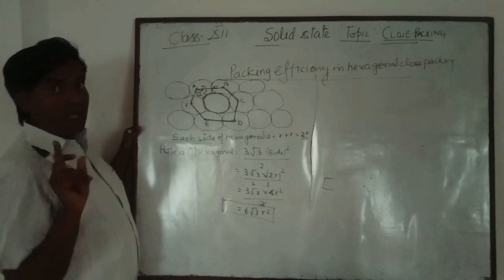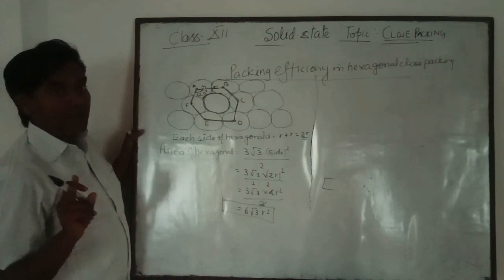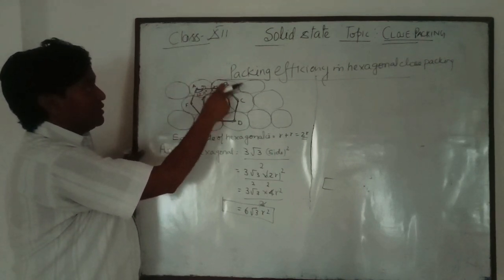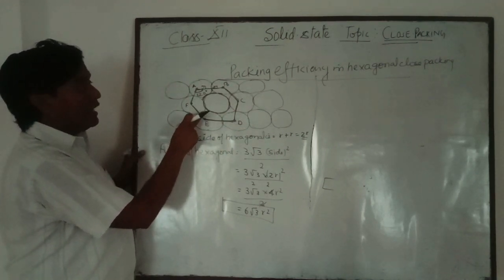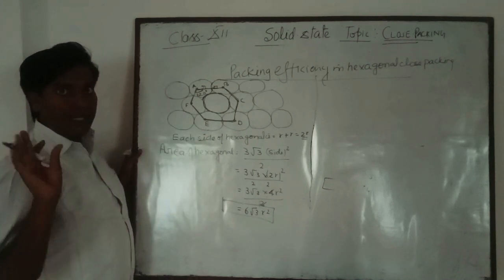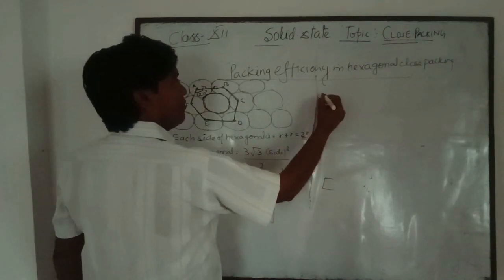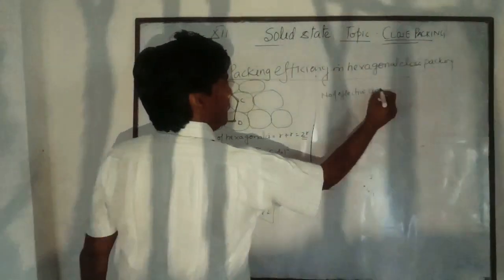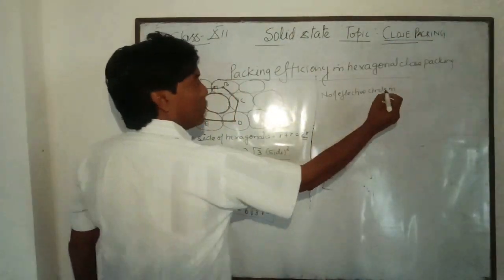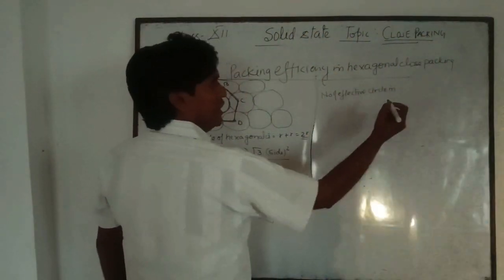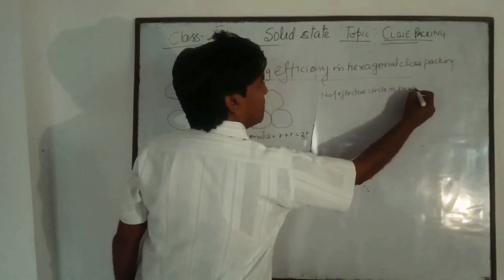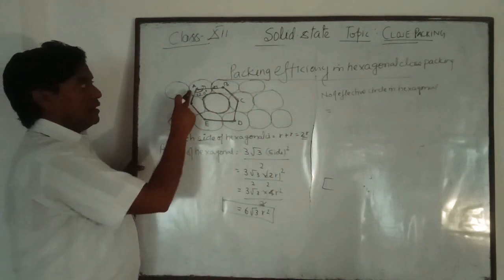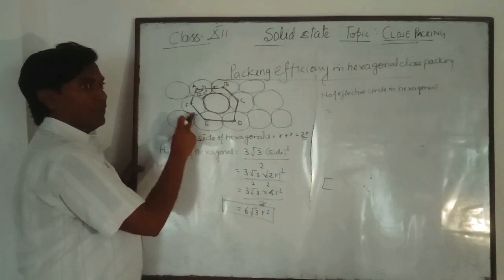The total angle is what? 360. 120 divided by 360, so 1 by 3 portion of each circle lies in this hexagonal unit cell from the corner. So the number of effective circles in the hexagon: let's see, how many constituent particles at the corner? 1, 2, 3, 4, 5 and 6.